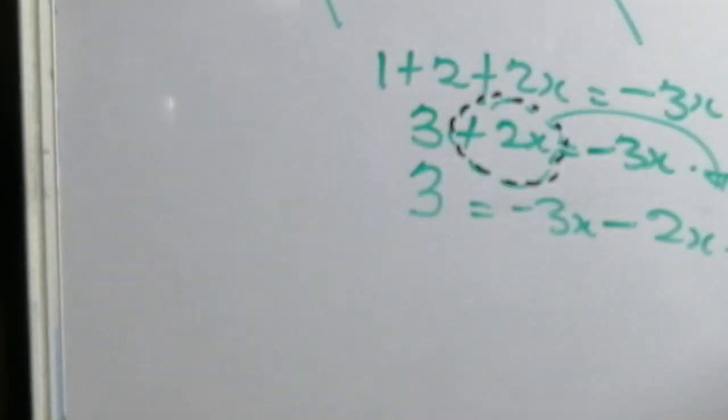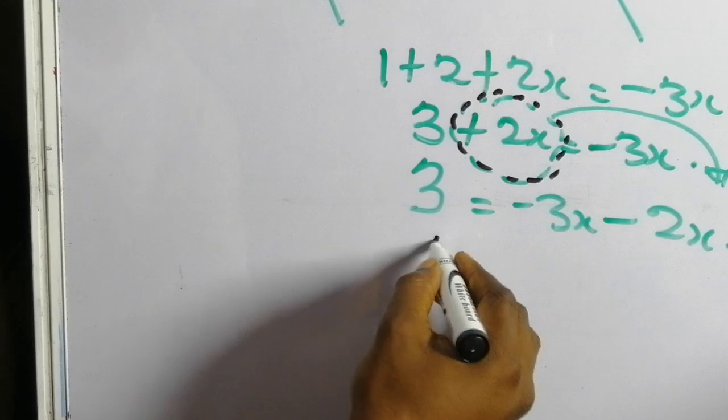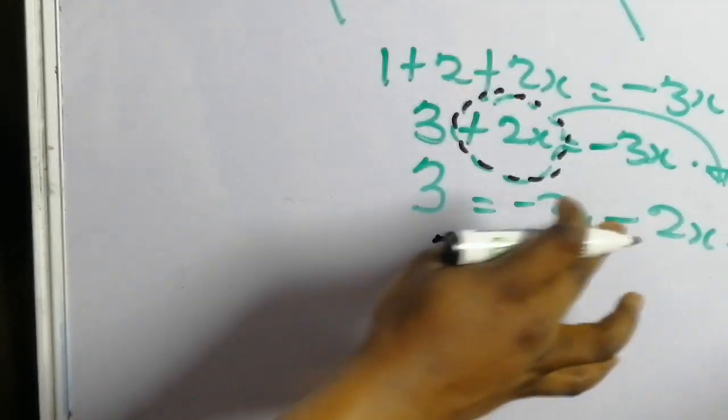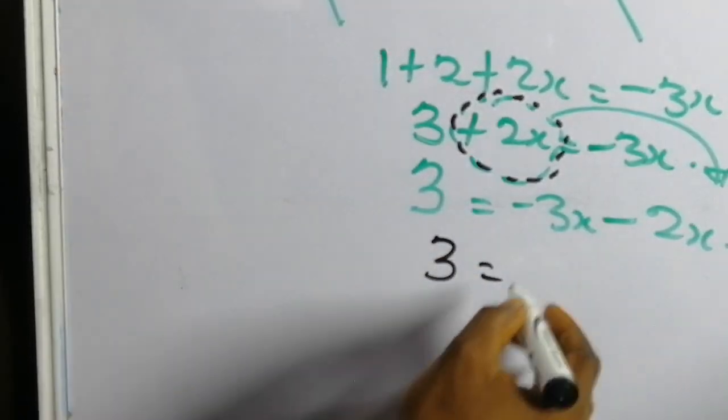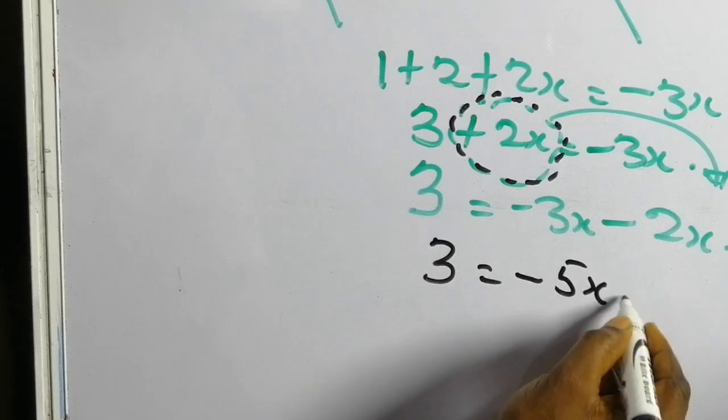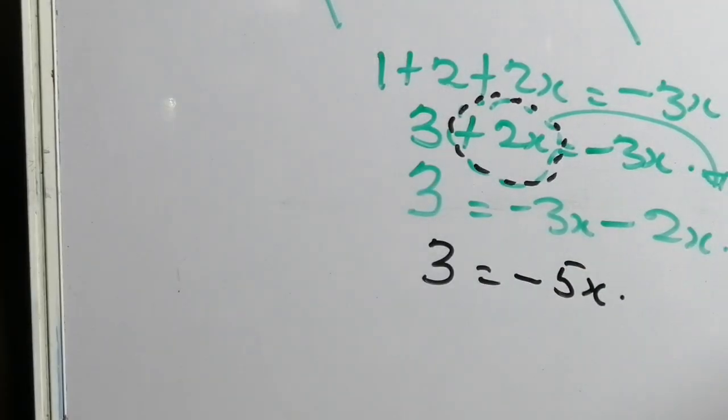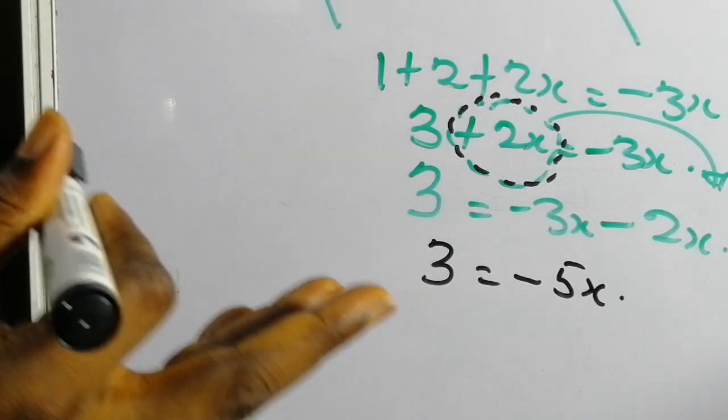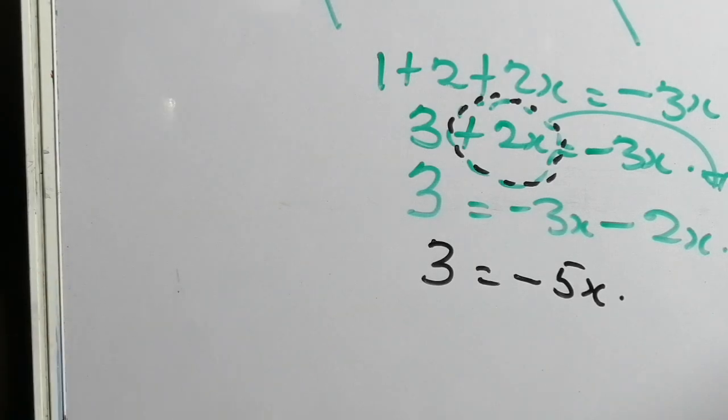So this is the same as minus 3x minus 2x. When negative is crossing the equal sign, it will change to positive. So at the end of the day, you have 3 equals minus 3x minus 2x, which is minus 5x. I've mentioned this in the factorization part. Please go through them so that we won't have to be going back and forth.